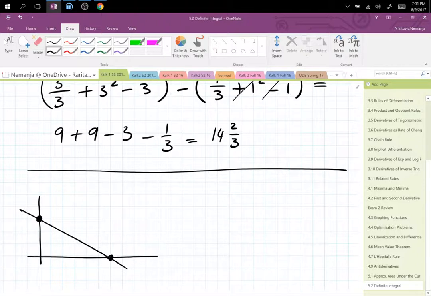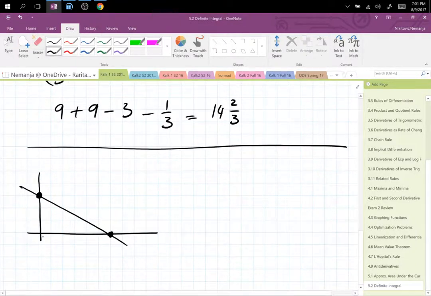So what is the area of this triangle where this point is 3, this point is 6? What's the area?